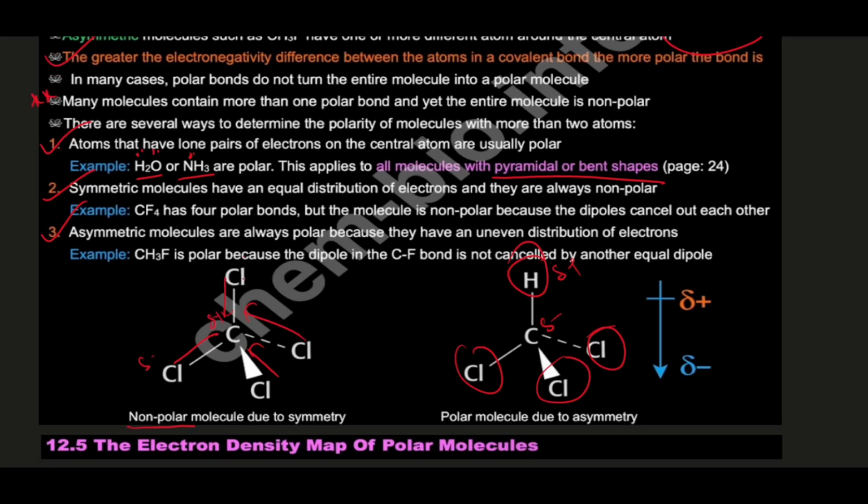The polarity produced in the four bonds cancels out each other. But this is only possible if all of them are of the same type. If it's not of the same type, let's say for instance one of them is hydrogen, three cancel out, but one of the polarities does not cancel out. As a result, this whole molecule becomes polar.